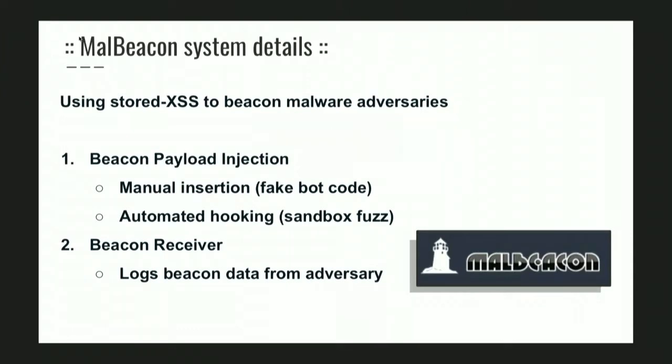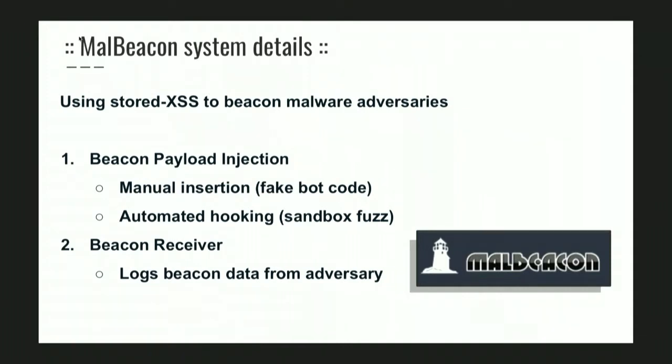So let's dive into the system itself. Again, we're using stored cross-site scripting to insert beacon callback payloads. And there's mainly two parts to this. There's the beacon injection, which also consists of two methods. We're able to insert a beacon into the C2 by reverse engineering the malware family and finding those vulnerabilities within the C2.